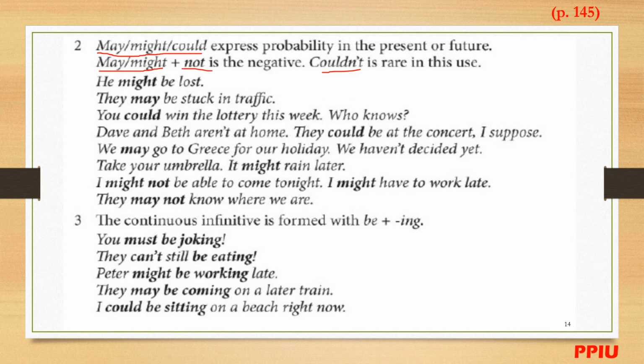Dale and Beth aren't at home, they could be at the concert I suppose. We may go to Greece for our holiday, we haven't decided yet. Take your umbrella, it might rain later.